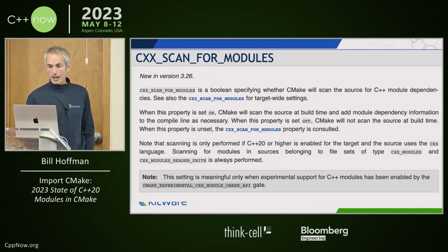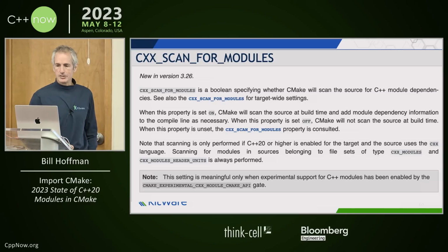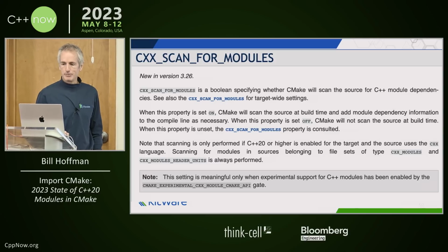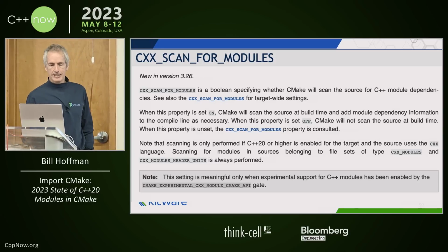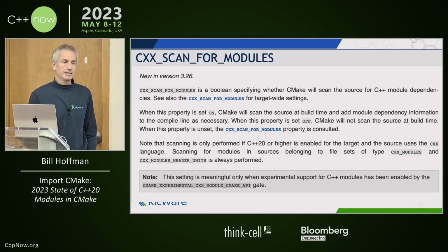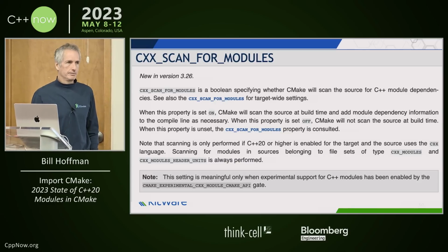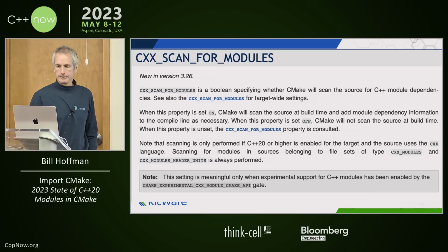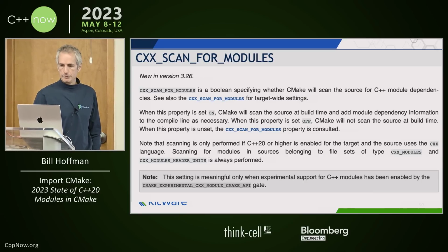And when the property is off, it will not scan them. If it's unset, then the CMAKE_CXX_SCAN_FOR_MODULES variable is consulted. Note that scanning is only performed if C++20 or higher is on. But for sources in CXX_MODULES and CXX_MODULE_HEADER_UNITS file sets, those are always going to be scanned. So it's just a little extra control over the scanning of modules.